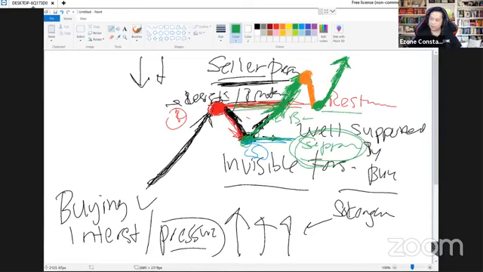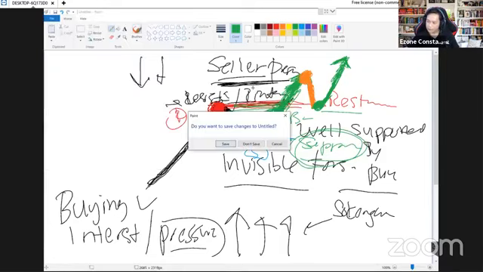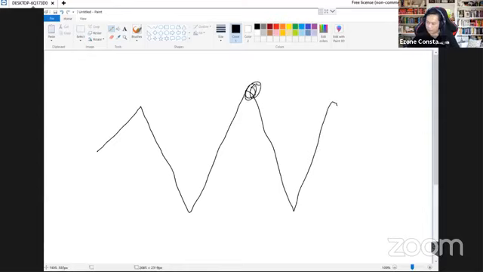Now remember, as I mentioned to all of you, if the price moves in zigzag, whatever is the highest pivot point can automatically become what? Resistance.